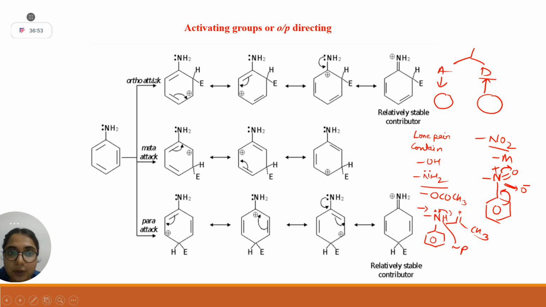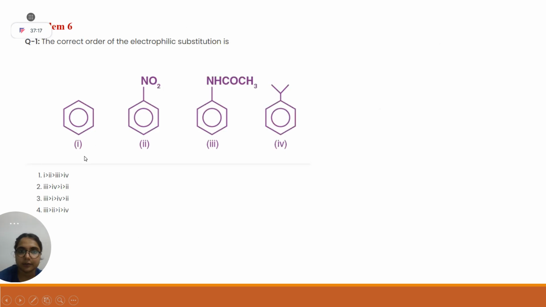Because when we do ortho or para attack, this carbocation in one of the resonating structures comes near a lone pair containing atom which can stabilize this carbocation. Basically, we have to stabilize this carbocation anyhow, and therefore it is ortho-para directing.